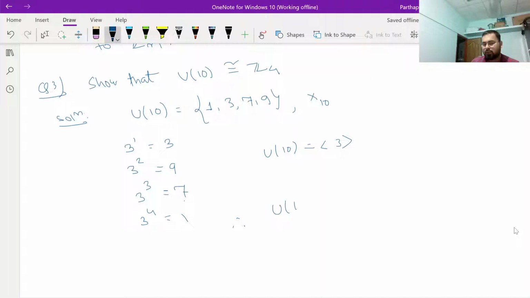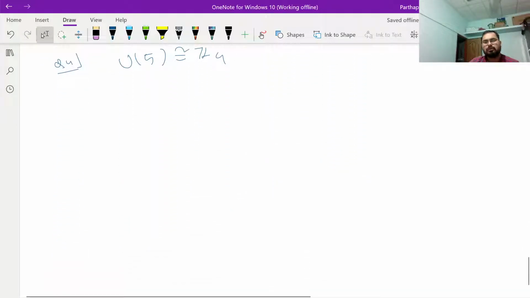So therefore U10 is isomorphic to Z4. Similarly, you can show U5 is also isomorphic to Z4. In a similar way you can show that U5 is a cyclic group of order 4, so therefore U5 is isomorphic to Z4. Okay, so now we will see the next question.